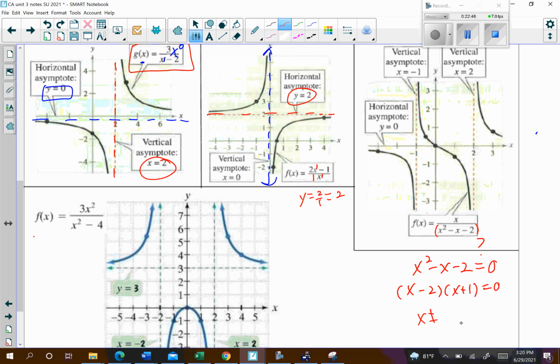So our restricted values are 2 and negative 1, and that's where the vertical asymptotes are. So we have vertical asymptotes right here and here. We got them listed. And for the horizontal asymptote, you can see that the top power is smaller than the bottom power, so it defaults to y equals 0.